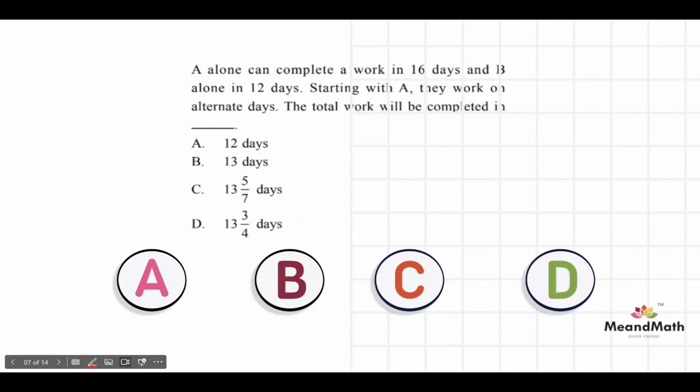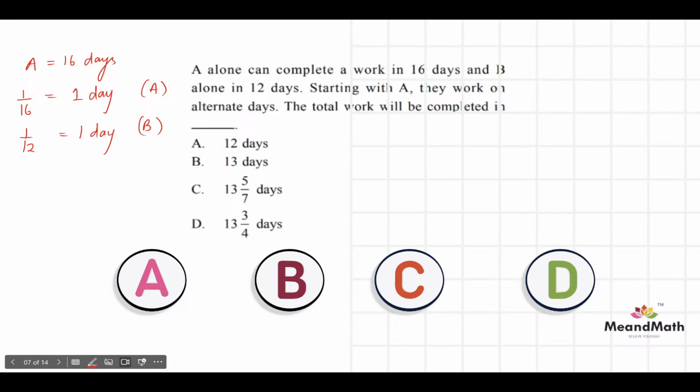So if A alone is finishing the task in 16 days, then for 1 day, it would be 1/16. 1/16th of the task is going to be covered in a single day by A. Now let's write for B as well. For B in a day, it would be 1/12, right?